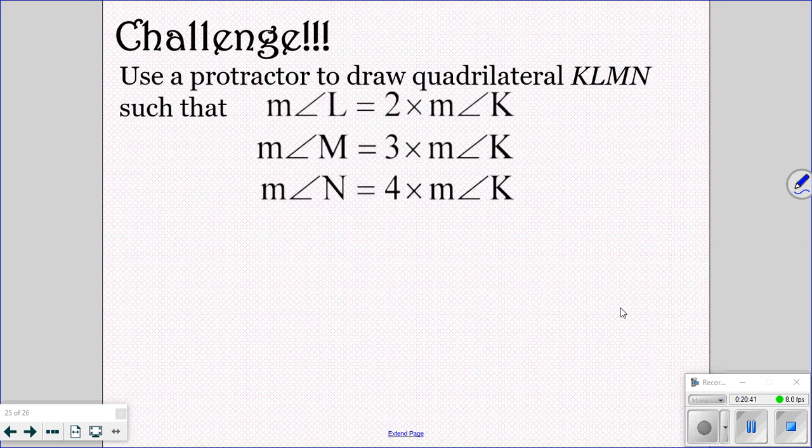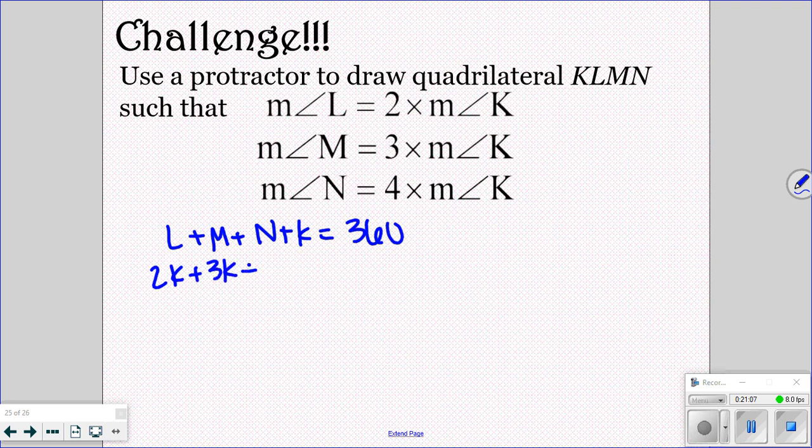So looking at our challenge question, it wants you to use a protractor to draw the quadrilateral KLMN such that these angle pieces are true. So on this one, first off, we know that angle L plus angle M plus angle N plus angle K is equal to 360 because it's a quadrilateral. And L is 2 times K, M is 3 times K, and N is 4 times K. So we can substitute each of those in.